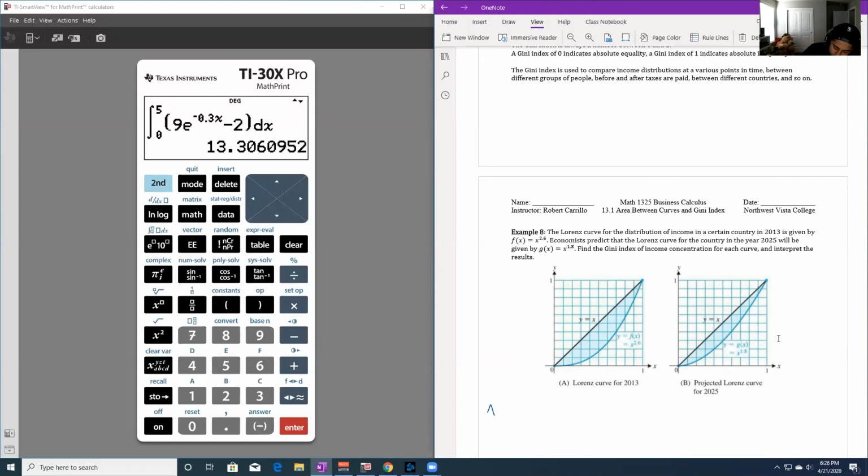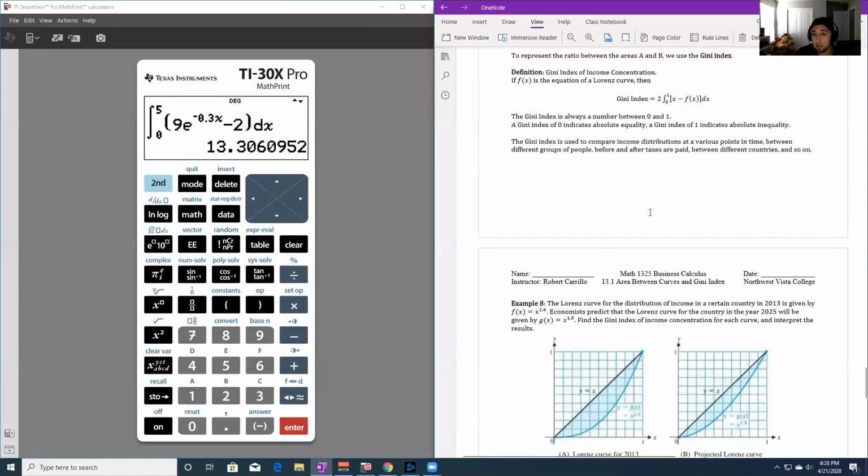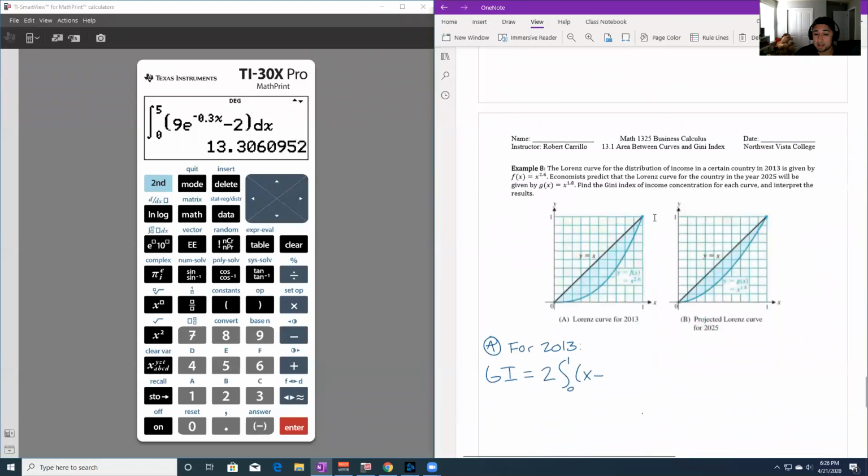So this is for part A, for 2013. All right. So we'll say our Gini index is equal to 2 times the integral from 0 to 1 of x minus f of x dx.